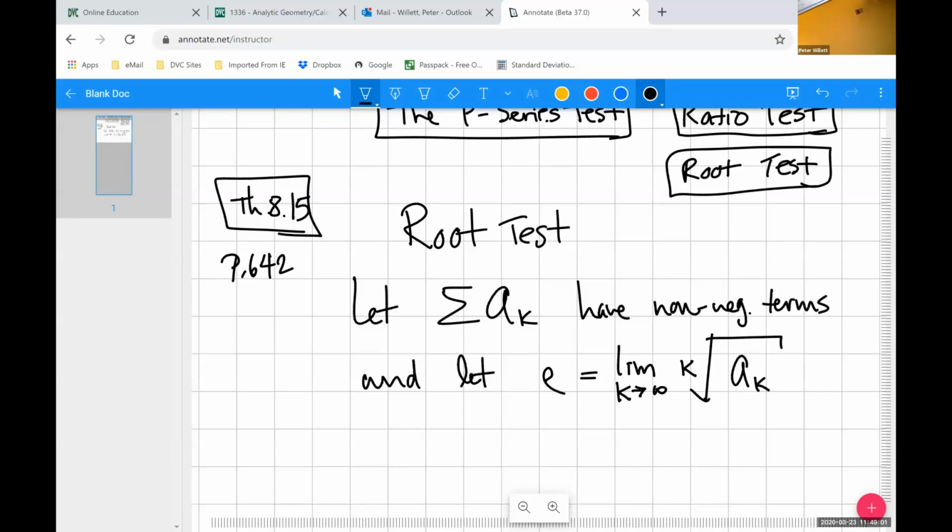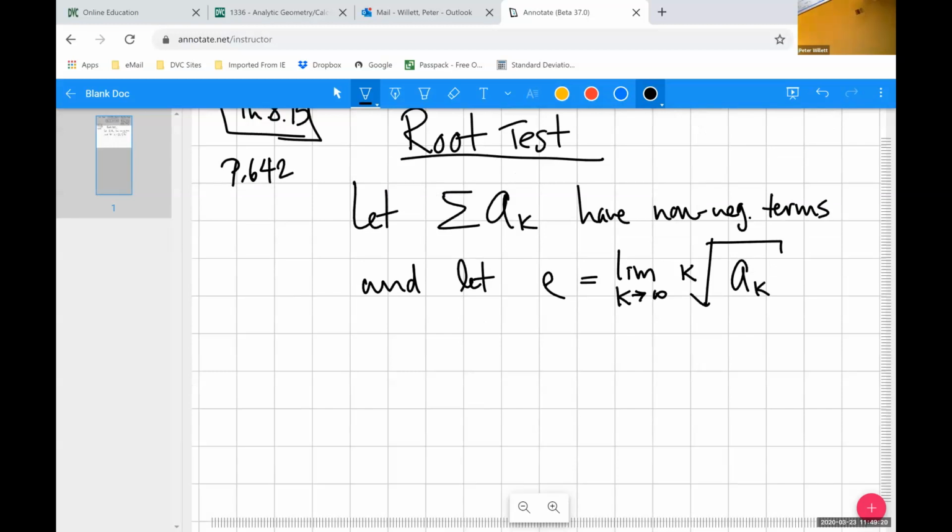So for the root test, you basically take the kth root of the terms. And based on what happens when you take the limit as k goes to infinity of the kth root of the terms, we try to determine whether the series converges or diverges. It's basically those three possibilities that we looked at in the ratio test.